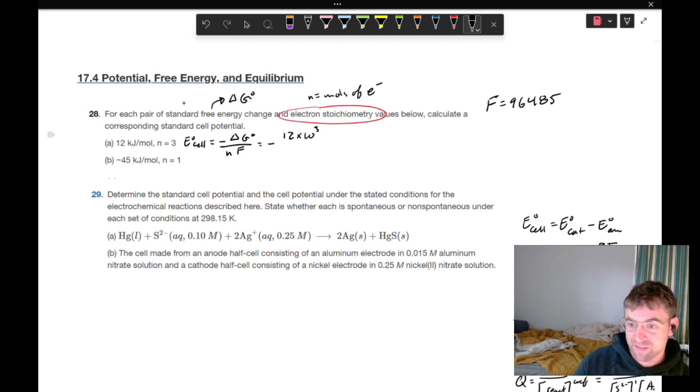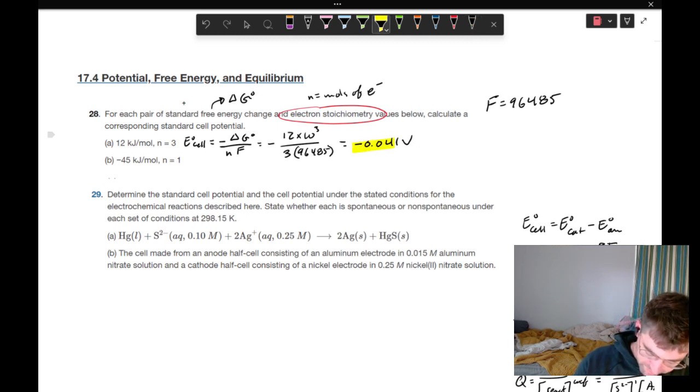Faraday's constant requires joules, over 3, the number of moles of electrons, times Faraday's constant, 96,485. Plug that into your calculator. Should give you negative 0.041 volts.